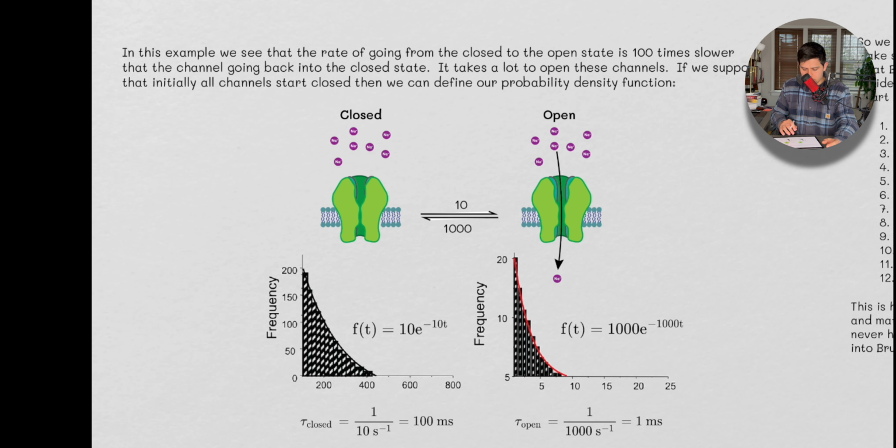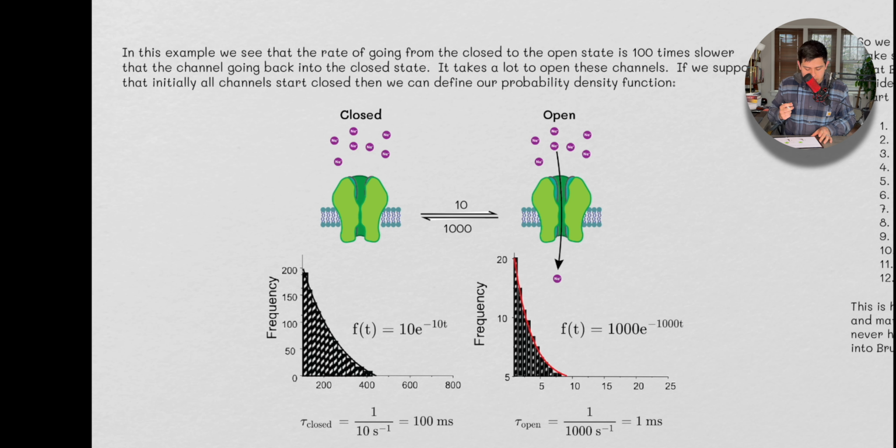So in this example, we see that the rate of going from closed to open is 100 times slower than the channel going back into the closed state. It takes a lot to open these channels.